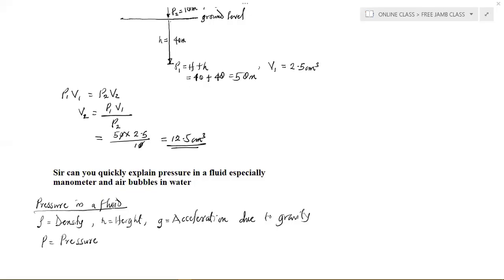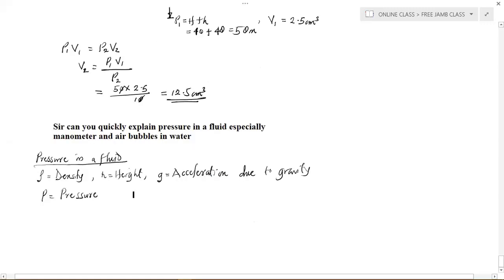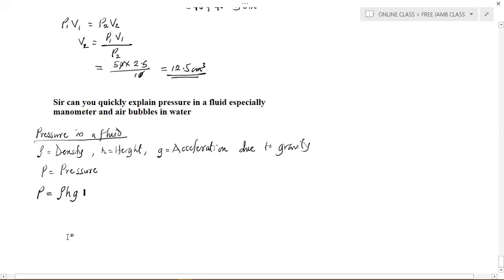Again, to recap, I said pressure in a fluid deals with density, height, and acceleration due to gravity. Then we talk about the pressure. So the pressure here, P, is known to be, there's no time to be proving the law now, the formula rho hg. That's the formula for the pressure. Now, we have special cases.